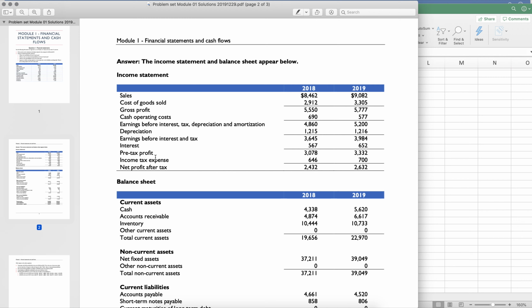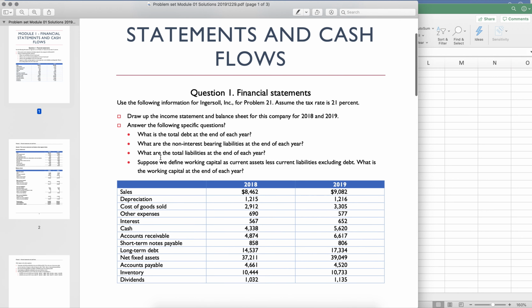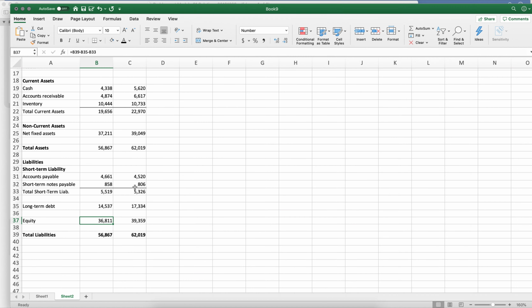The next question, total debt at the end of each year. So total debt is going to be this long-term debt plus this short-term notes payable. And essentially what he means by total debt is just stuff that we owe interest on. So long-term notes payable, there's going to be some interest rate.